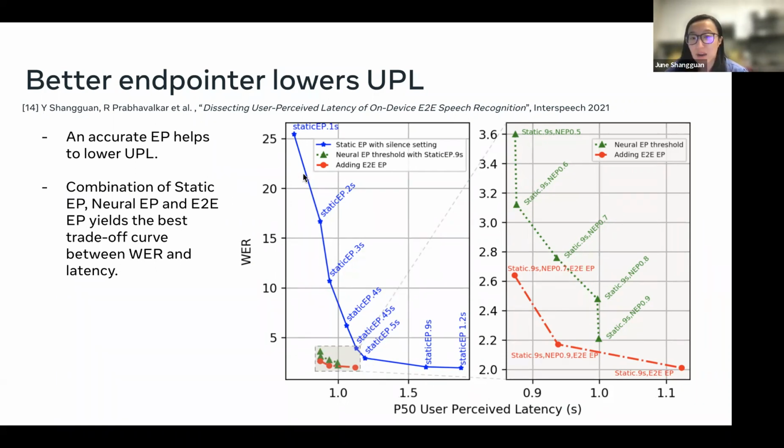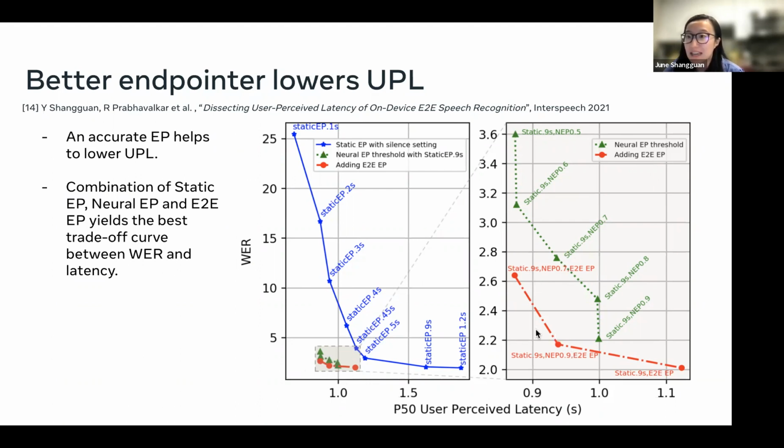And so our goal is to push this Pareto front to much closer to the 0 point, right? So that's where we want. And hence we added neural endpointer and end-to-end endpointer to here. And the graph here, we blow it up to the right. And so we first add a neural endpointer. Immediately you see an improvement of the quality at a given latency.